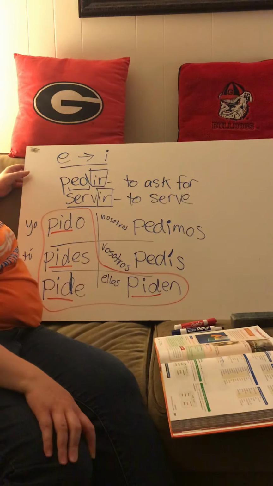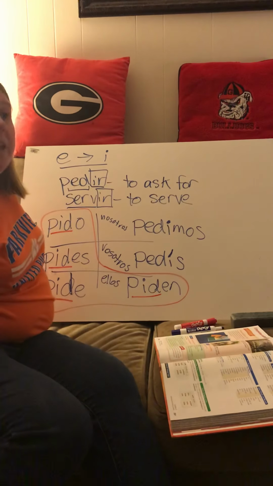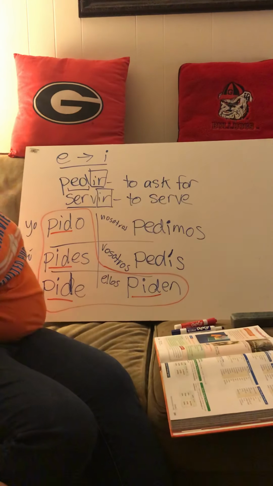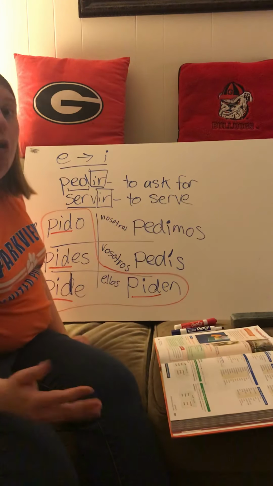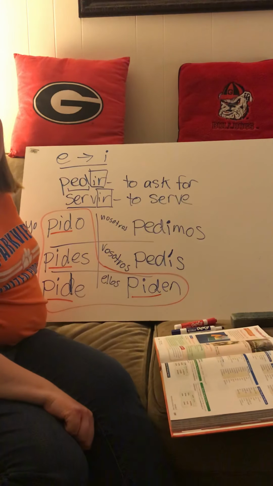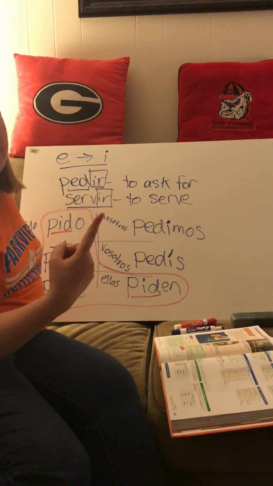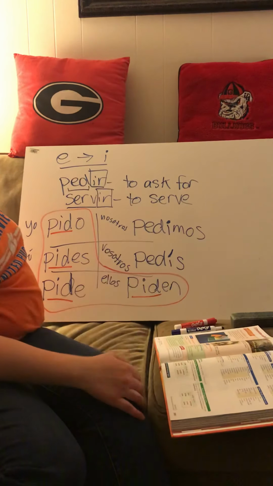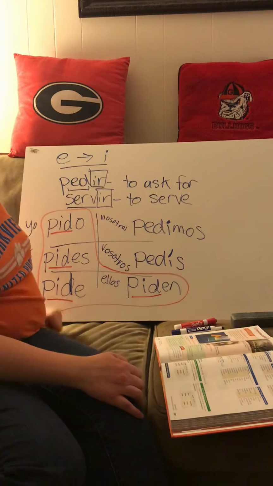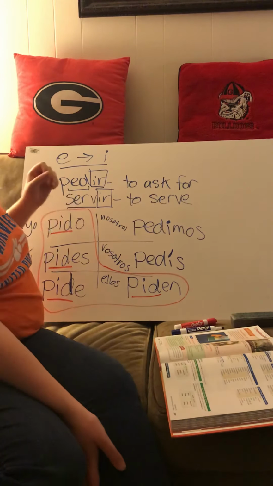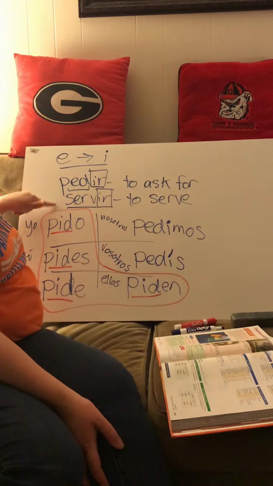Okay, now, one thing I get asked by a lot of people is, how do you know if it stem changes from E to IE or if it stem changes from E to I? Well, basically the only two ways is practicing it and memorizing it. So the nice thing about it is in this chapter, we're only doing E to I stem changes, and the only two that we've learned that stem change E to I are pedir and servir.